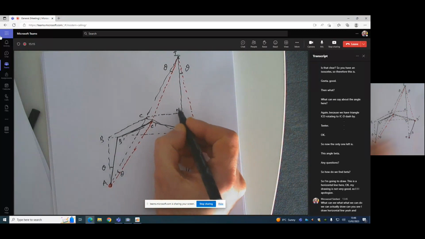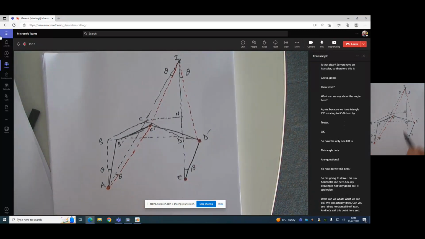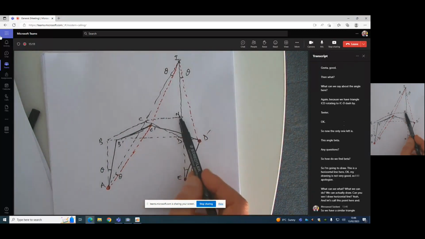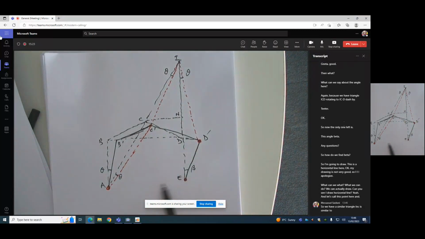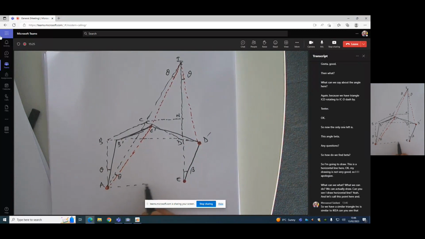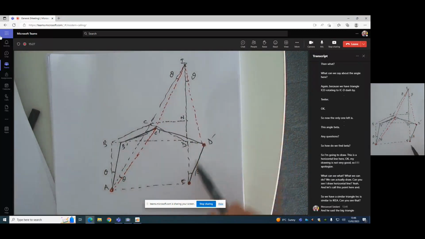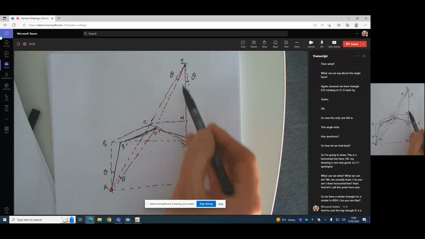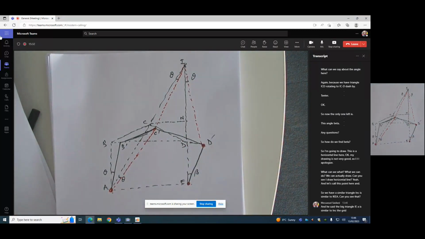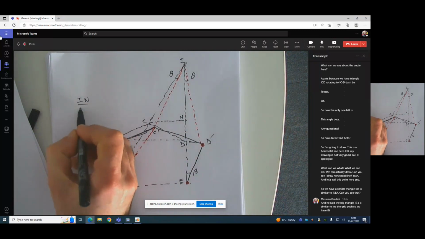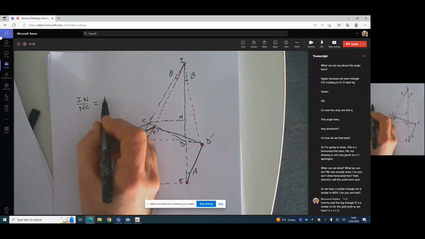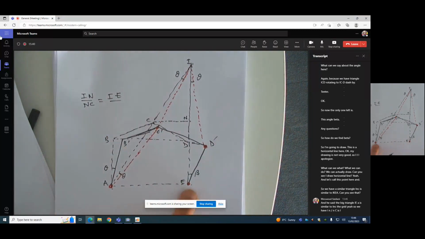And let's call this point here N. So we have a similar triangle, INC is similar to IEA. Can you see the big triangle? IEA is similar to INC. Agreed? Yeah. So we have IN over NC is IE over EA.